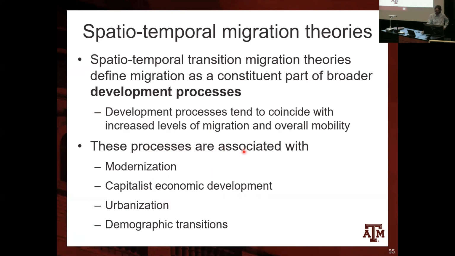So these processes are associated with modernization, economic development, urbanization, and demographic transition. The word I mentioned on the horizontal axis, development, is related to a lot of different things: the overall modernization of a country or an area, cultural factors, economic factors, and more services being available in urban areas, related not just to economic conditions but also to health and education.